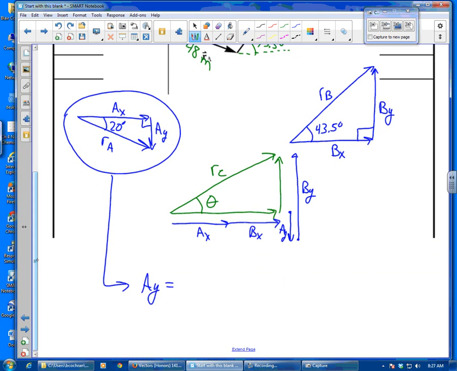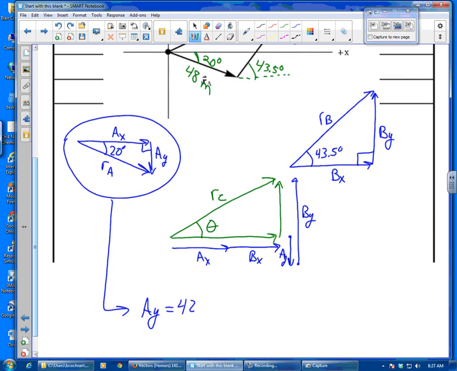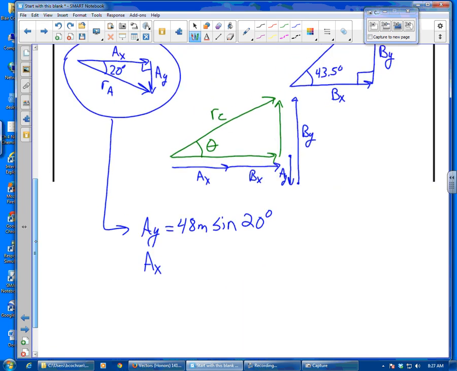Mine was 48 meters for A, right? So I get AY equals 48 meters sine 20 degrees. And for AX, I'm going to get 48 meters cosine 20 degrees.